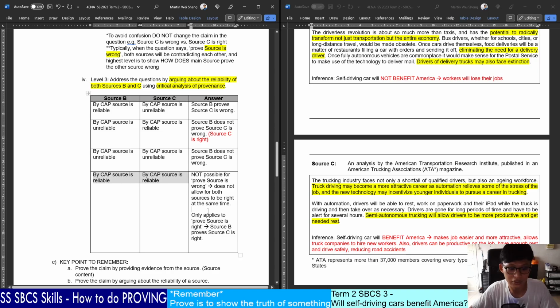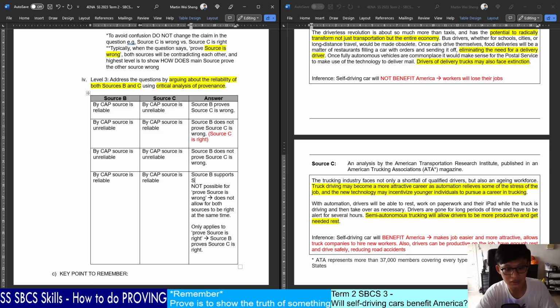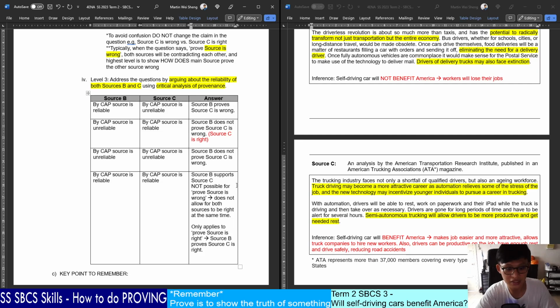Both sources are reliable. Let me just clarify this. So both sources are reliable, source B supports source C. Then it is not possible to prove that it is wrong because it does not allow for both sources to be right at the same time.